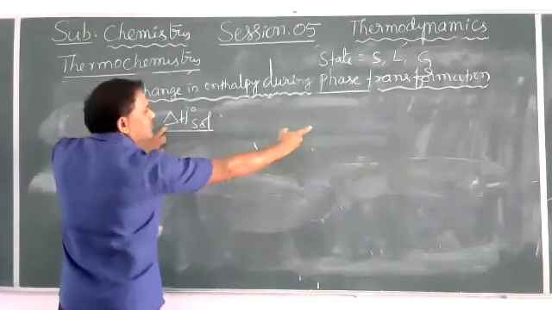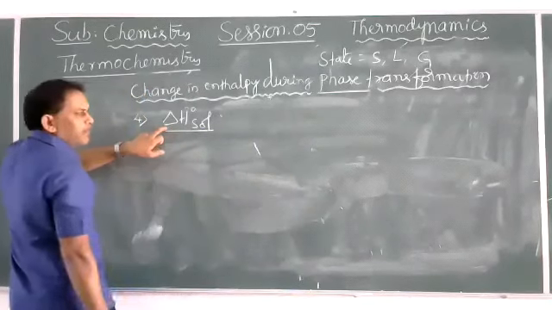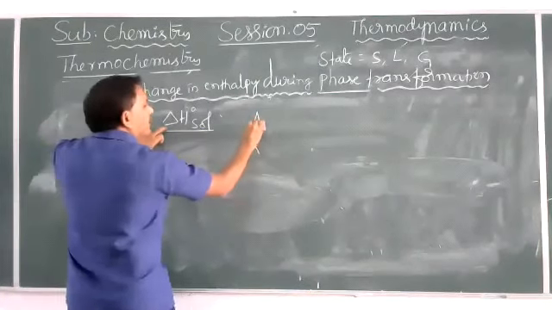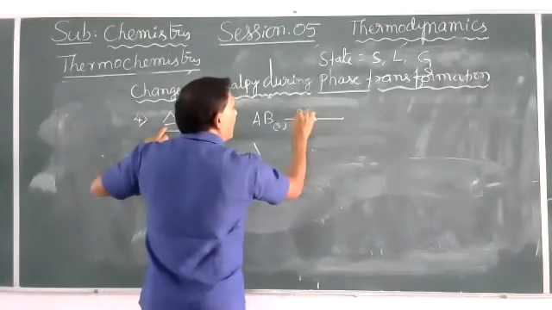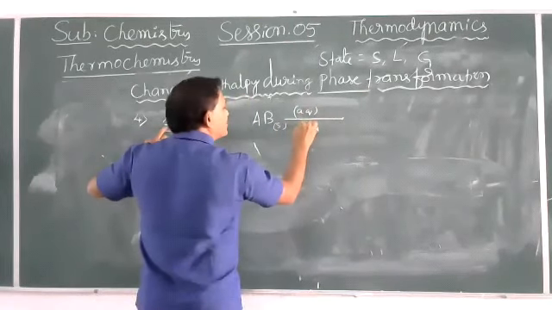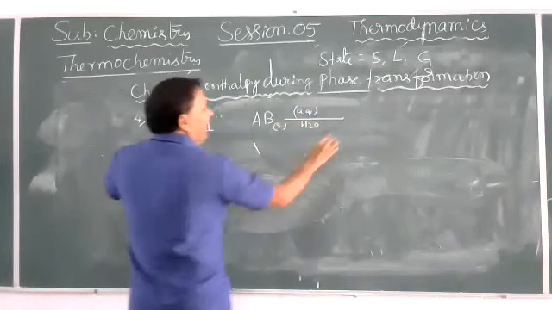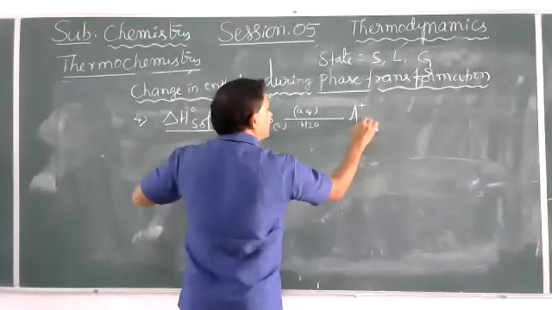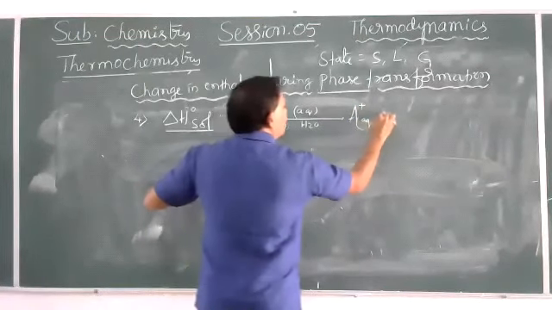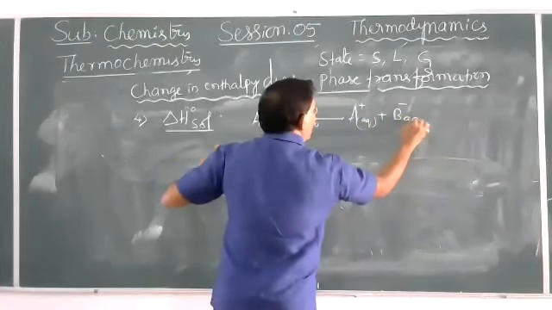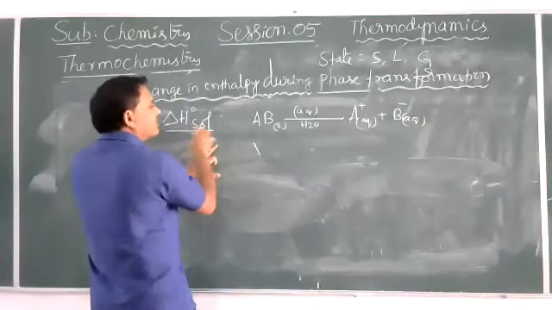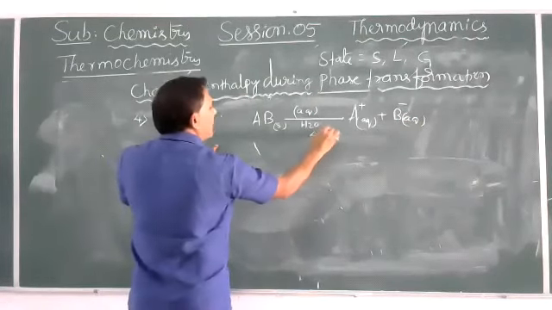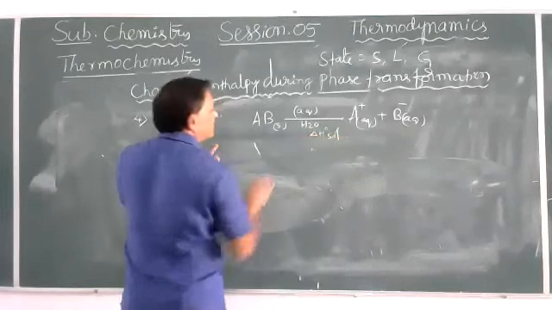For example, here AB, an ionic solid, is dissolved in aqueous water, H2O. Then it gives A plus aqueous plus B minus aqueous. That is the enthalpy of solution, delta H naught SOL.